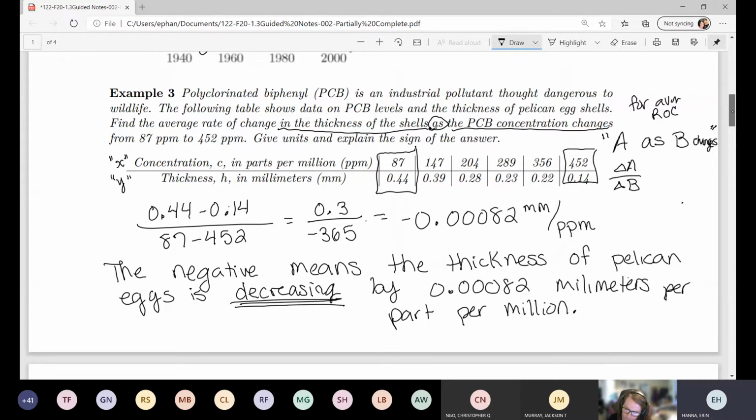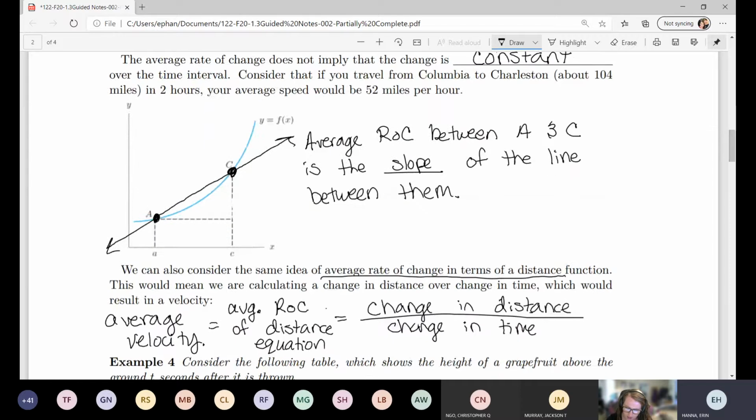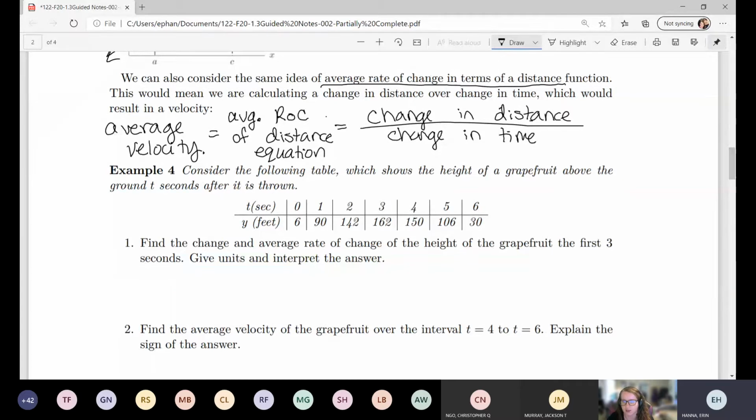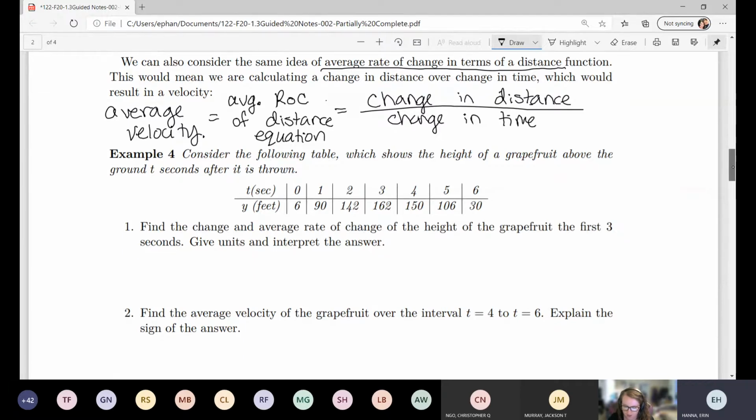Okie dokie. So the other day we talked about the average velocity, which is essentially the exact same thing. It's the average rate of change just in the very specific situation of a position function. So let's go ahead and see an example of that. Consider the following table, which shows the height of a grapefruit above the ground t seconds after it is thrown.